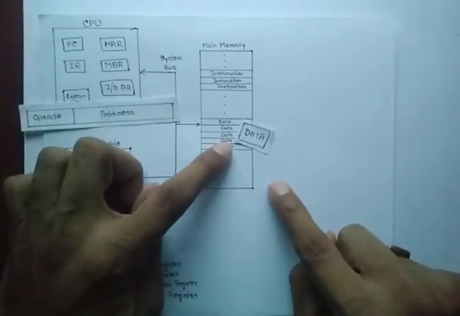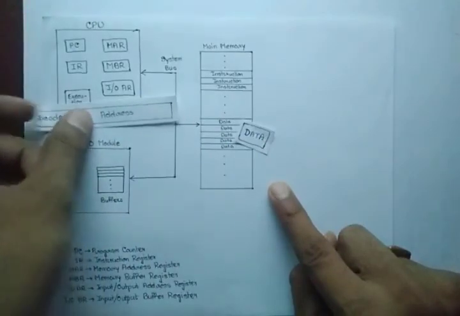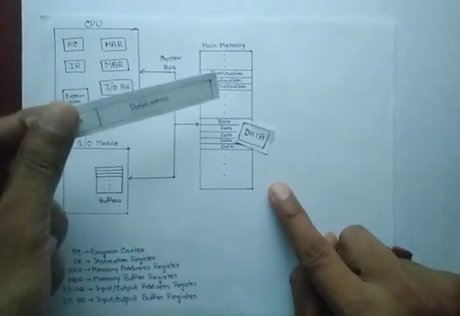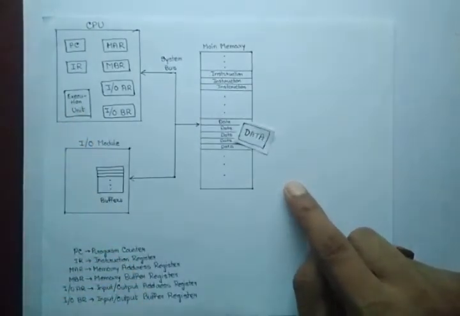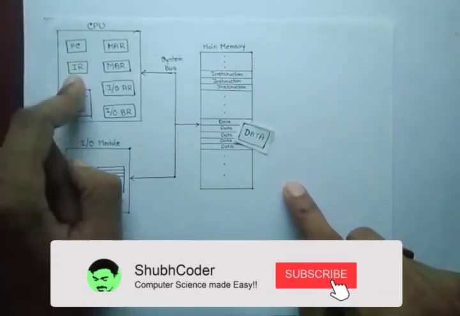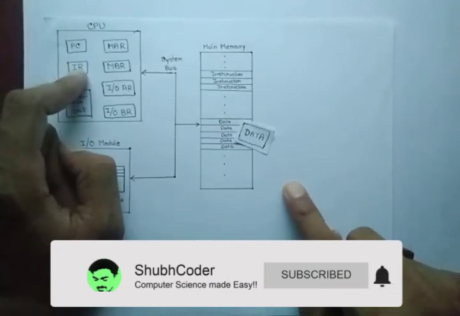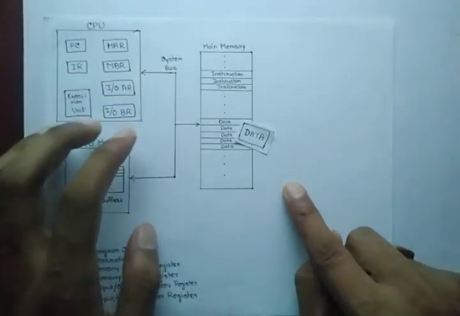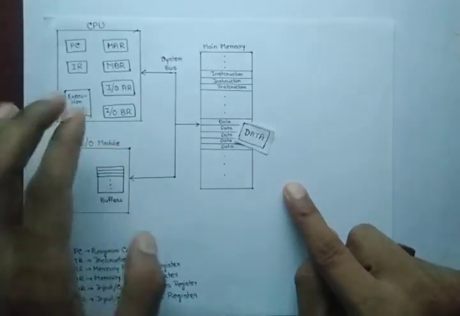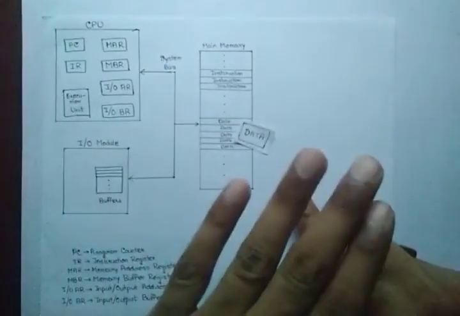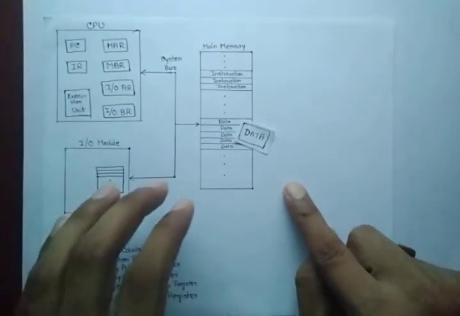After this operation is done, this instruction has also been successfully completed. Now the execution unit sees that there is nothing left inside the IR, meaning no instruction is waiting. So the execution of the whole program is done.